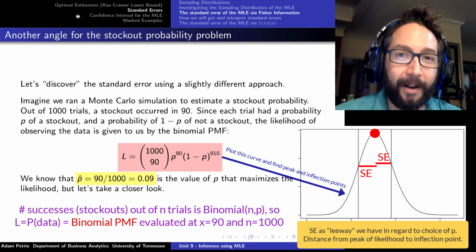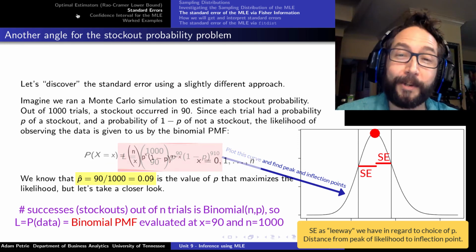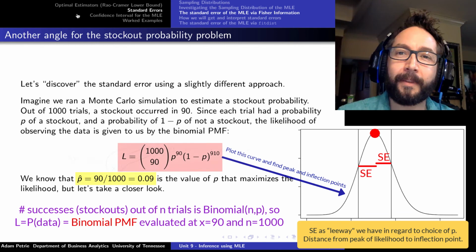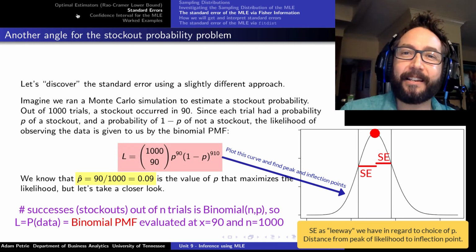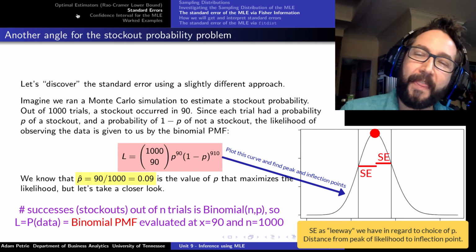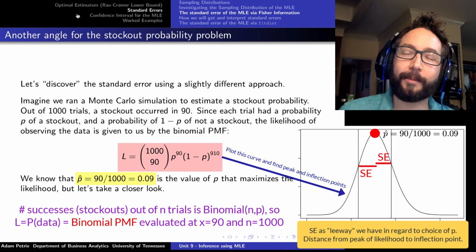The total number of stockouts out of 1,000 trials is a binomial distribution, so we're just writing down the formula for the binomial PMF. Now, we know that p-hat is just the fraction of trials where our event occurred, so 90 out of 1,000, the average of the 1s and 0s that we collected during that Monte Carlo simulation.